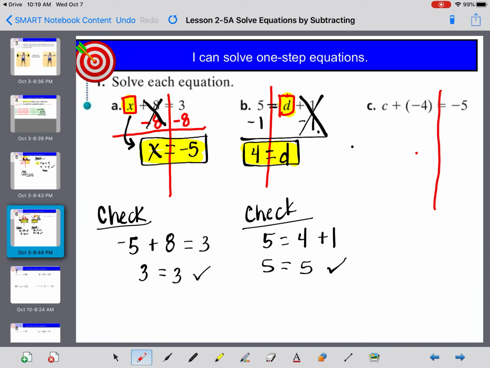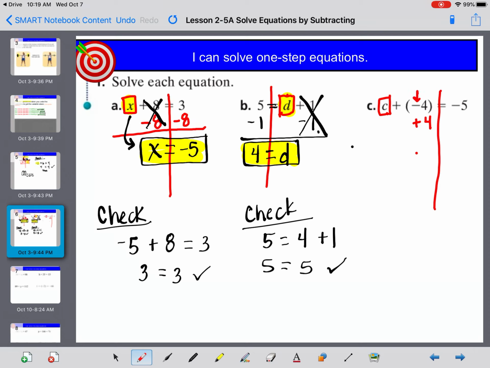Okay, one more problem. My goal is to find out the value of c. Then I ask myself, what's happening to c? It's adding -4. And so I need to do the opposite. And the opposite is to subtract -4. Subtracting a negative, or adding 4, means the same thing.